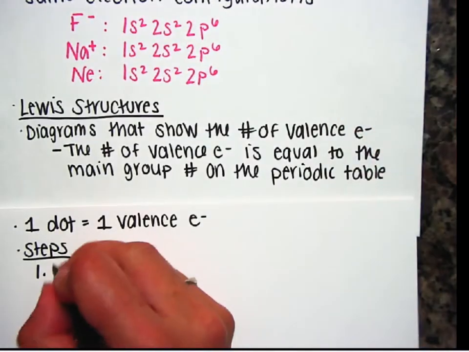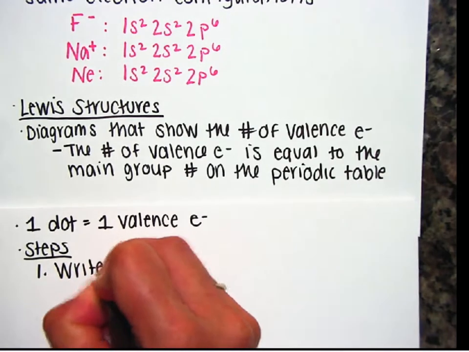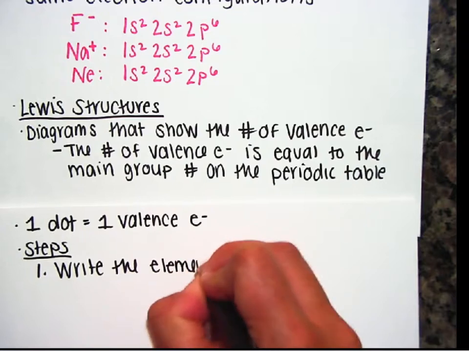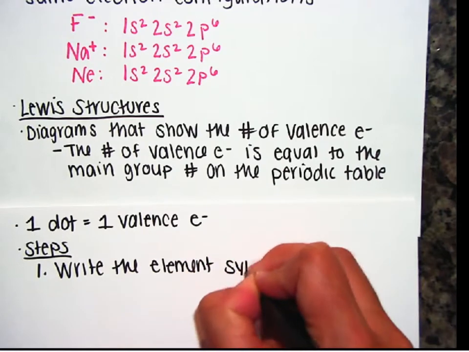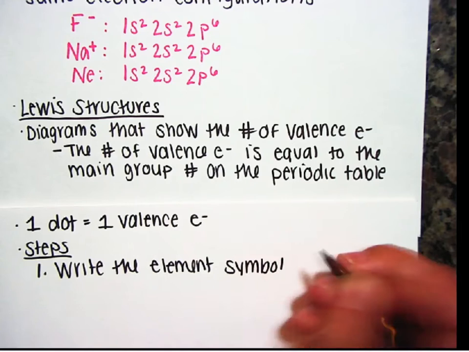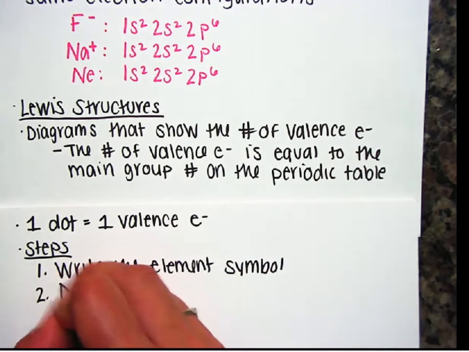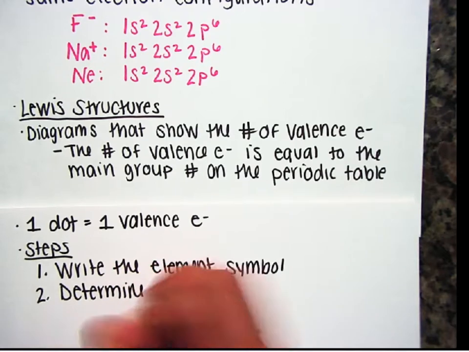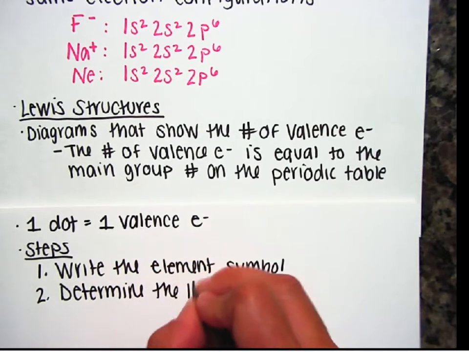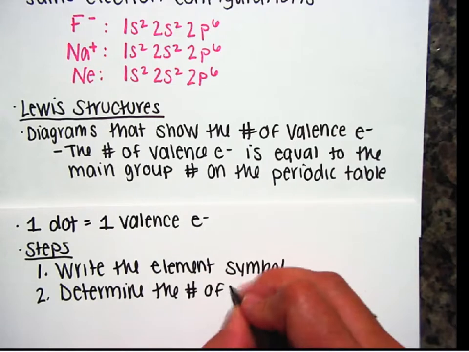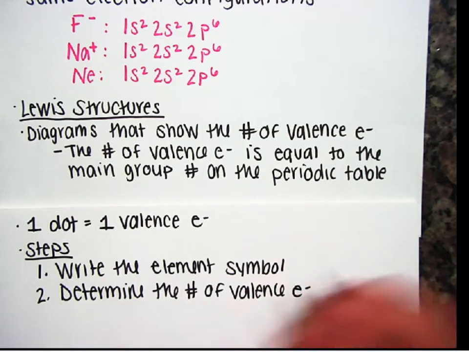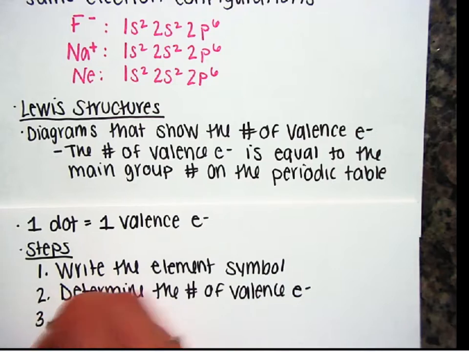Step 1. Write the element symbol. Step 2. Determine the number of valence electrons. Step 3.